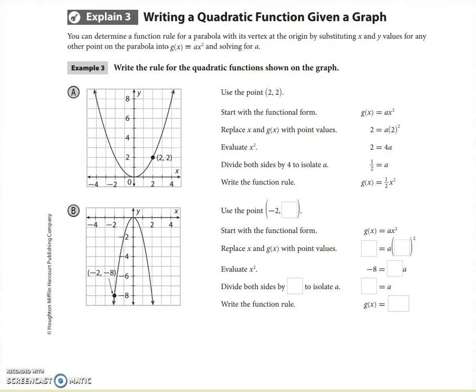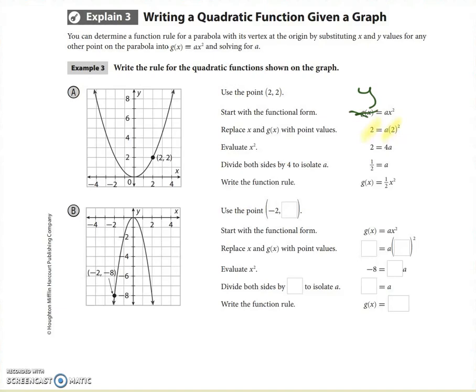So if this parabola goes through the point (2, 2), then I can plug in those values for x and y. Just remember, g of x is just like our y here. y equals ax squared would be the same as g of x equals ax squared.